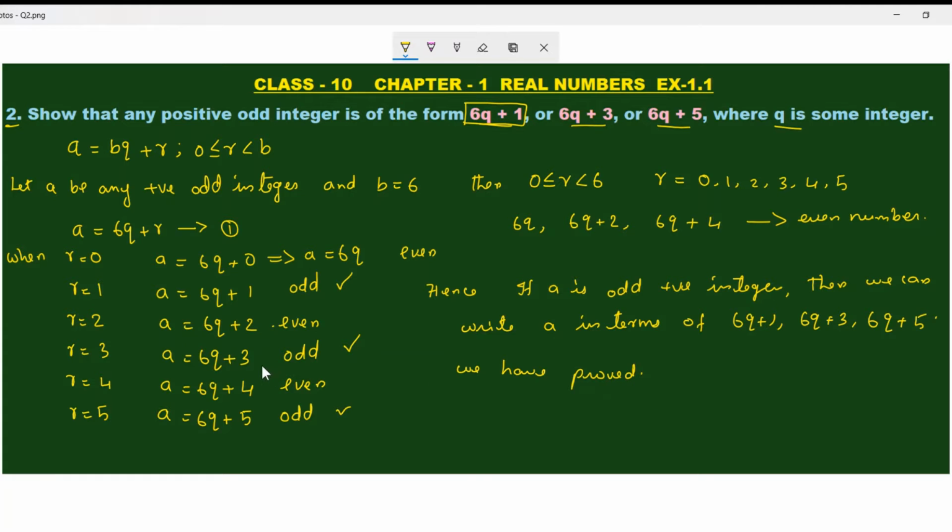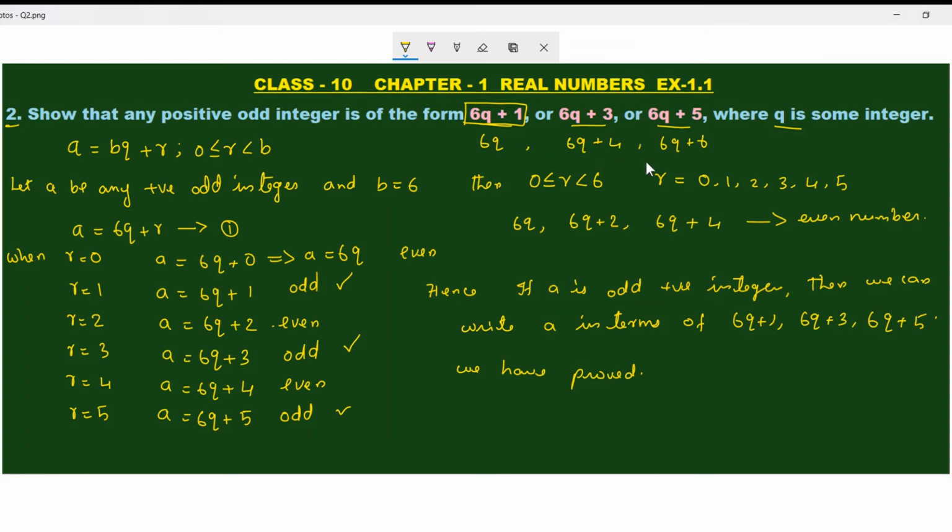In this way, we need to prove this type of question. For example, if I change the question like this, show that any positive even integer is of the form 6q, 6q plus 2 and 6q plus 4. Got it?